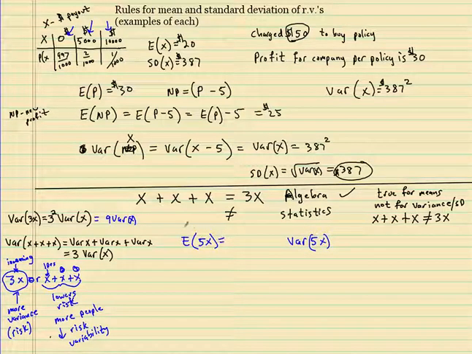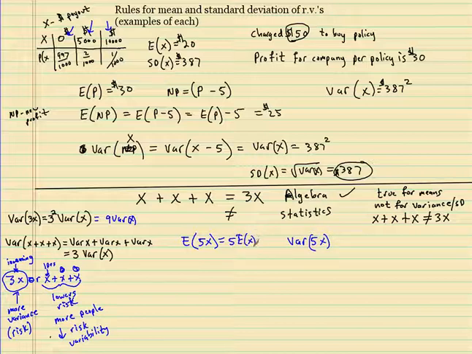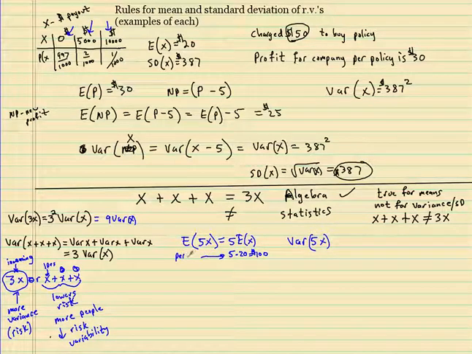In this case, I could pull the 5 out, and that's going to be 5 times the expected value of x, which is 5 times 20. I could expect to make $100 per policy if I increase these by a multiple of 5. I'm going to say that again. If I increase the payouts by times 5, then I expect to make $100 per policy. This is per policy.